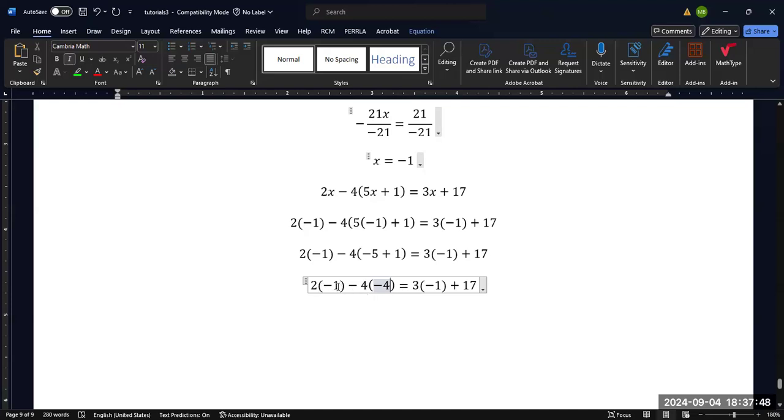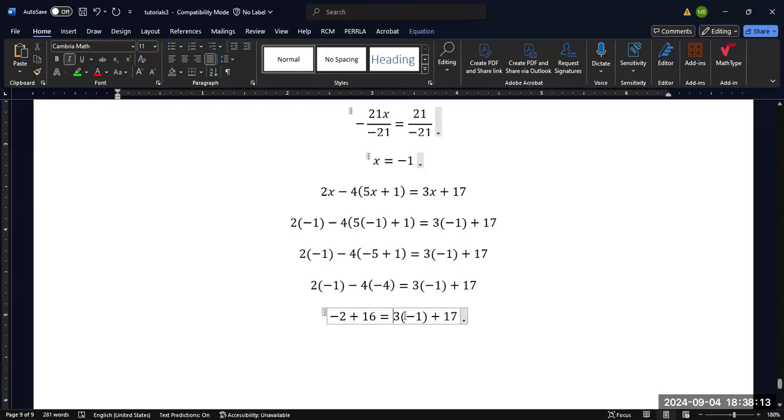Now I have just multiplication and addition left. So now I can do my multiplication everywhere. So 2 times -1 is going to be -2. -4 times -4 is going to give me +16.